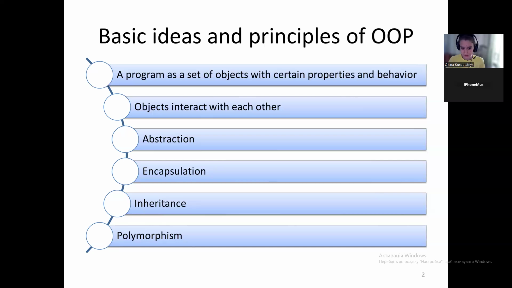Now, in this slide, you can see the main ideas, and the first of them is a program as a set of objects with certain properties and behaviors. That means that we have a big system, and this big system will have some parts, and every part will be presented by an object.